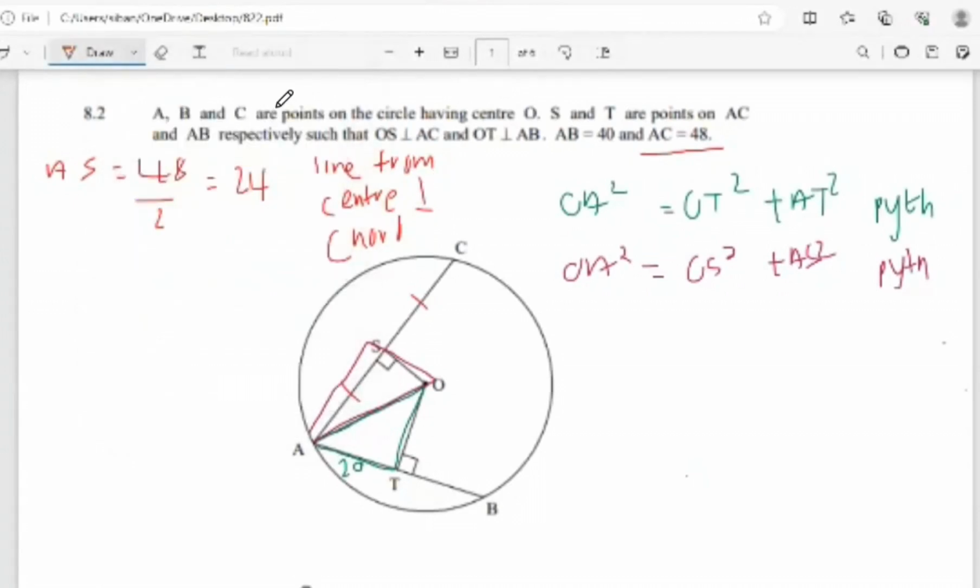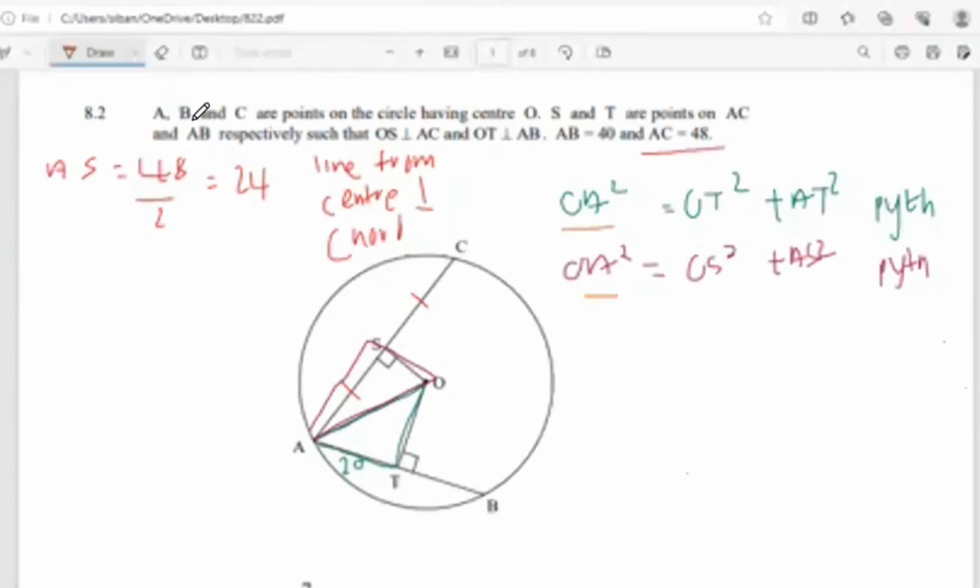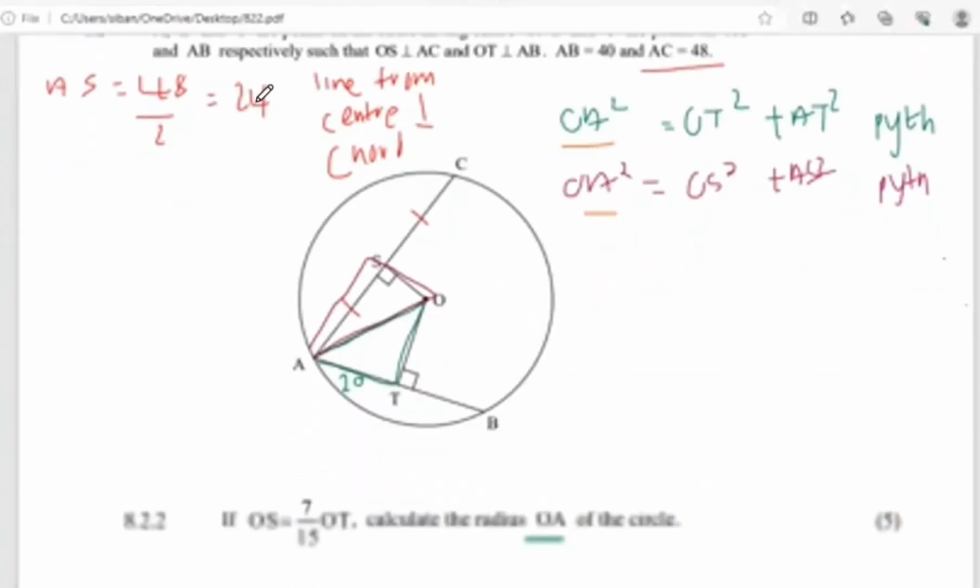It's clear here that both OT squared plus AT squared and OS squared plus AS squared are equal to OA squared. So we can write OT squared plus AT squared equals OS squared plus AS squared.